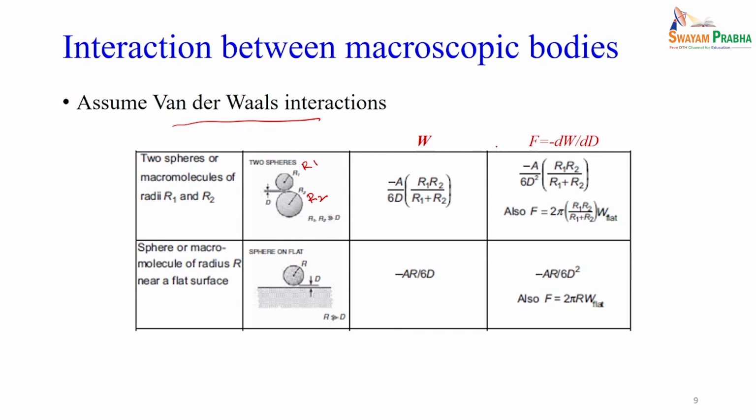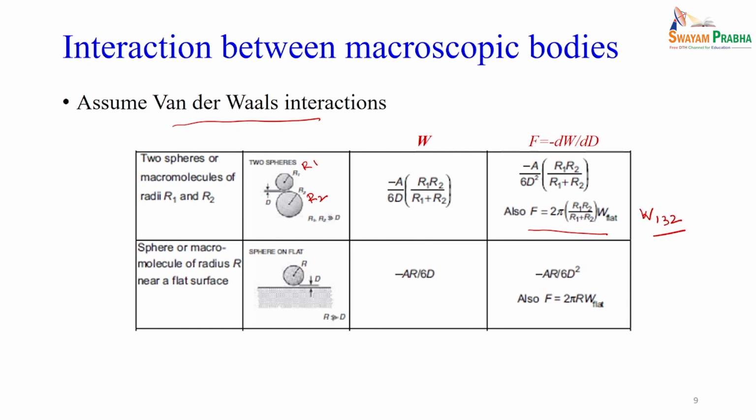Similarly, we can calculate the force as minus A upon 6 d square into r1 r2 divided by r1 plus r2. Force can also be calculated if W132, the work of adhesion, is known, from 2 pi into the work of adhesion into r1 r2 divided by r1 plus r2.